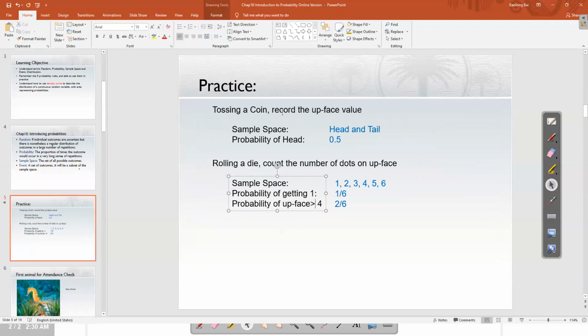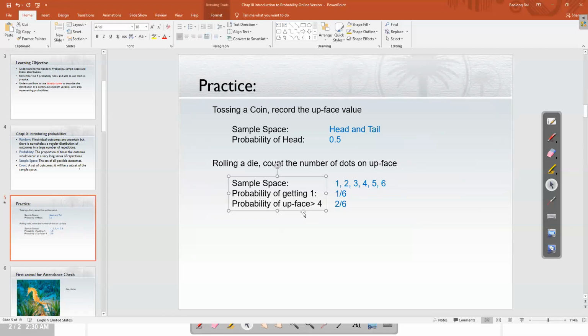Okay. So let's get familiar with some of the terms here. When you toss a coin and record the up face value, it will be either head or tail, right? So the sample space is head and tail. And the probability of head is 50%. If you're rolling a die, the die has 6 faces with 1, 2, 3, 4, 5, and 6 on each side. If you roll it and record the up face number, what's the sample space? Either 1 or 2 or 3 or 4 or 5 or 6, right? That's your sample space.